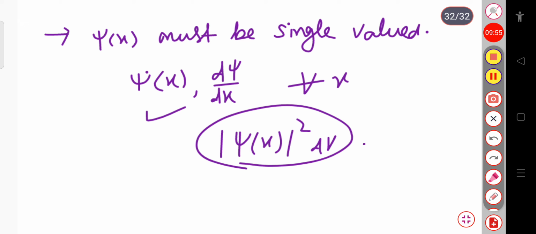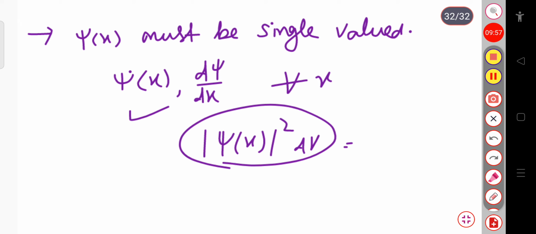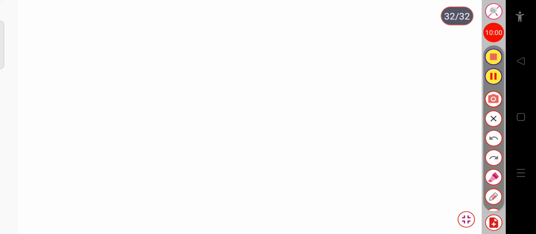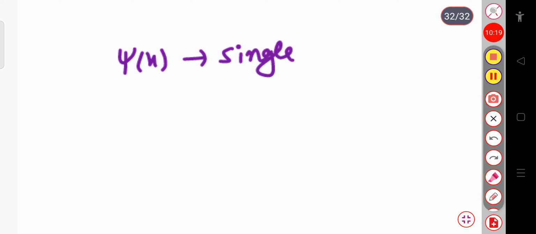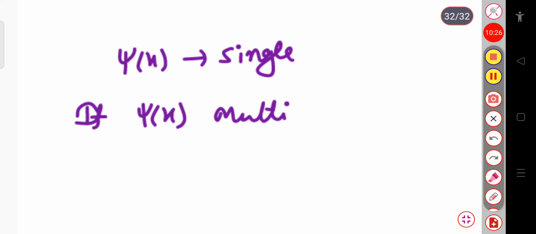Multi-valued basically means, let me explain here. I am considering the properties of the wave function psi, that it must be single valued. But if the function is multi-valued, then what will happen? If I consider the modulus of this function, it would have a multi-valued result.